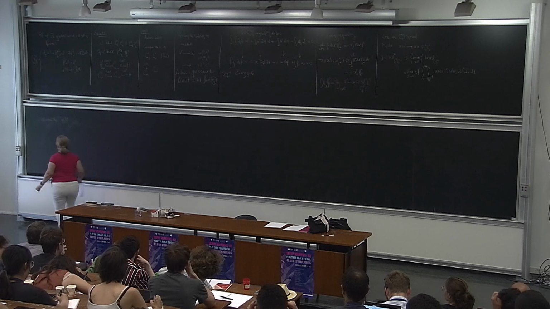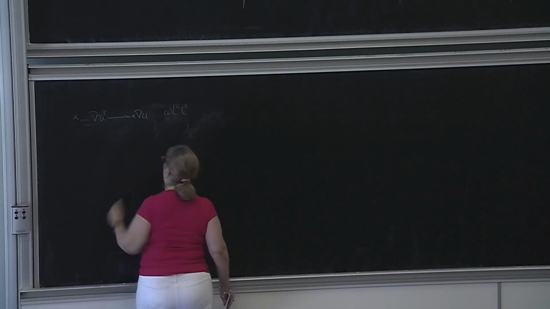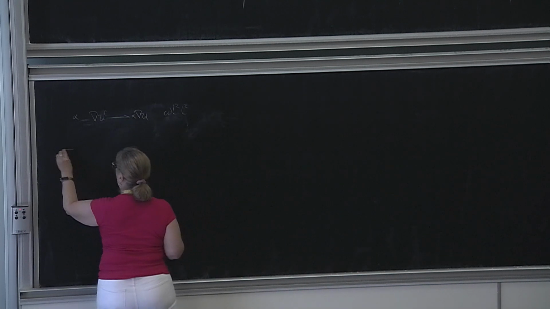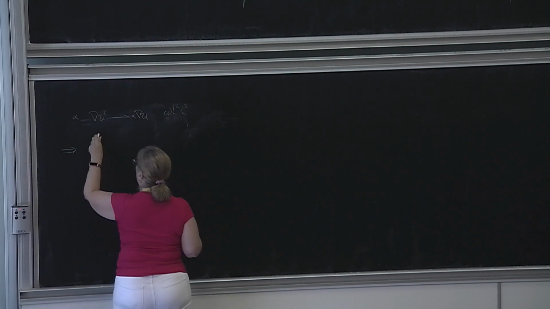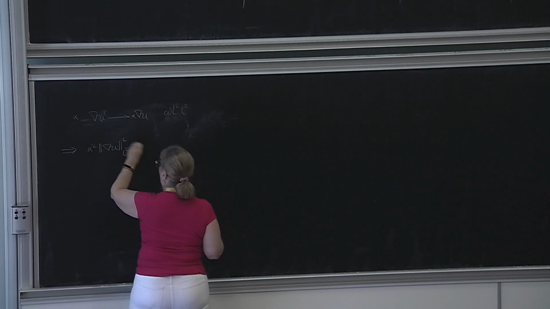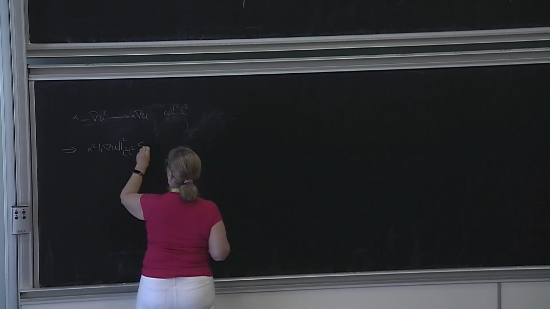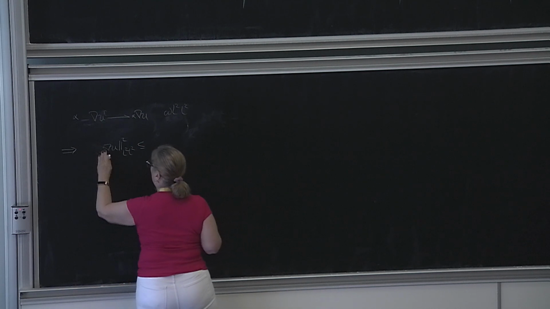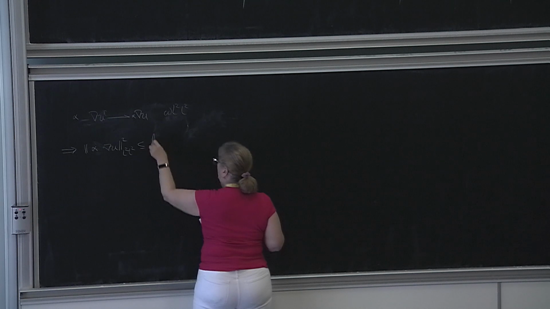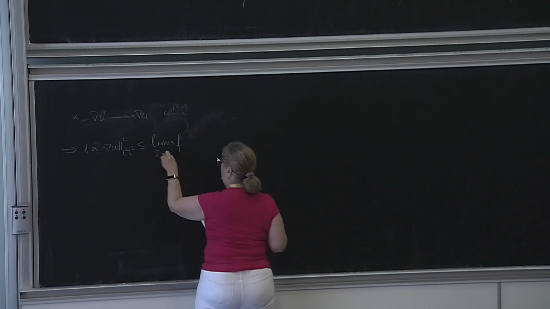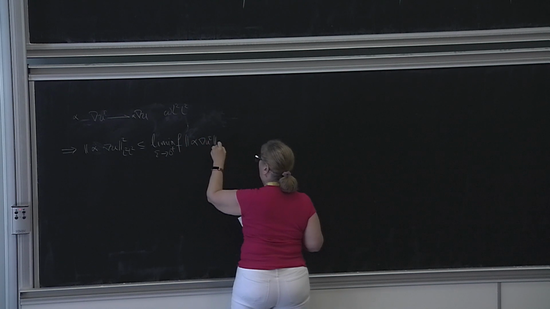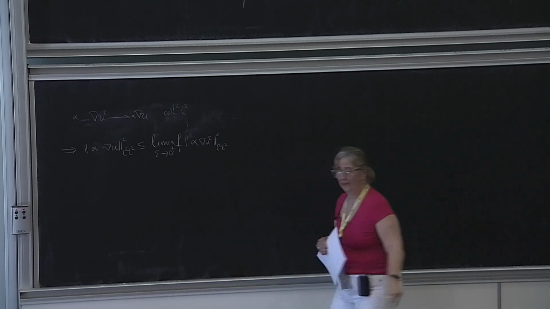And therefore, again, I can put an alpha of t in front of this, and this will still hold true, which means that the L2 norm of alpha times the gradient of u is less than or equal to the limit as epsilon goes to 0 of the L2 norms of alpha times the gradient of u epsilon.